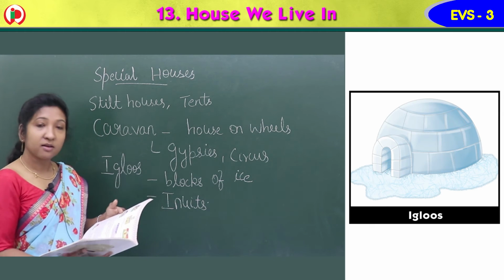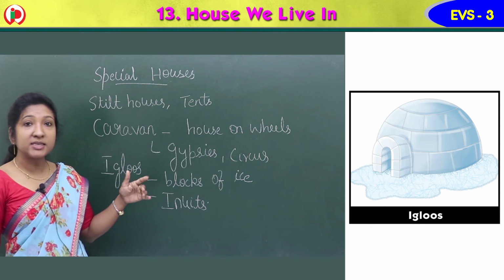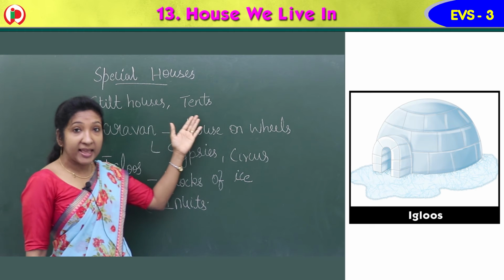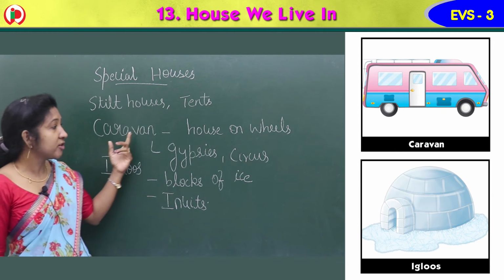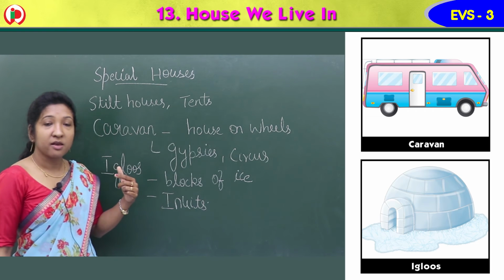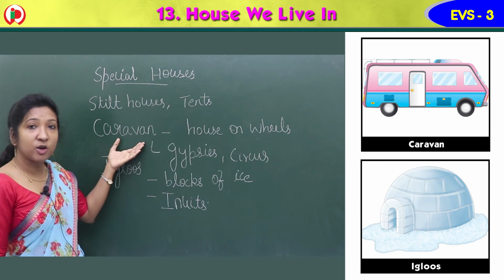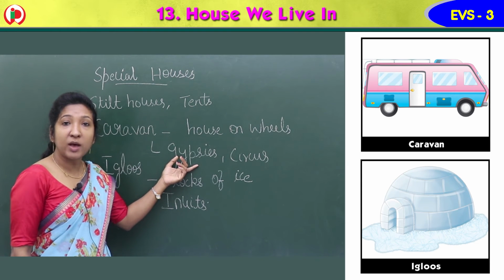Okay. So, we are learning about special houses. We learned about stilt house. We learned about tents. Again, we learned about caravan, a house on wheels. Which people live in this kind of house? Gypsies, people who travel from one place to another.